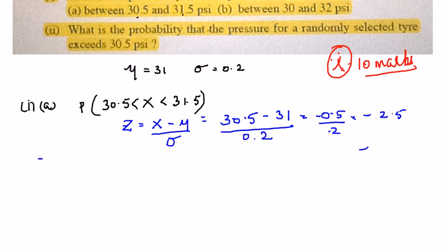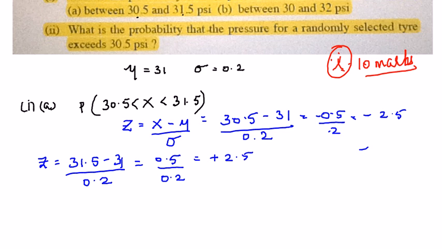Likewise, when x is equal to 31.5, the value of z is, with the same formula, this time plus 5 by 2, which is plus 2.5.